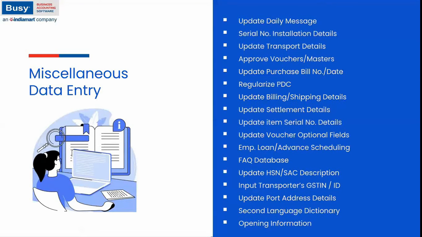So the miscellaneous utilities that we are going to discuss: the first is update daily message, serial number installation details, how to enter serial number installation details, and how to update the transporter details, approve vouchers and masters, update purchase bill number or date, regularize post-dated cheques, update billing and shipping details, update settlement entry details, and update item serial number details, and then update voucher optional fields, employee loan advance scheduling, frequently asked questions, FAQ database and how to manage it, and update HSN SAC description, input transporter's GSTN and ID, update port address details, second language dictionary, and opening information.